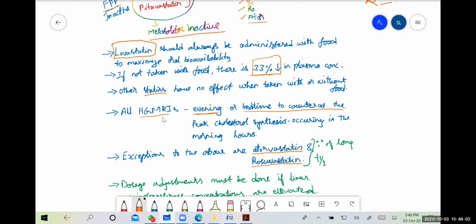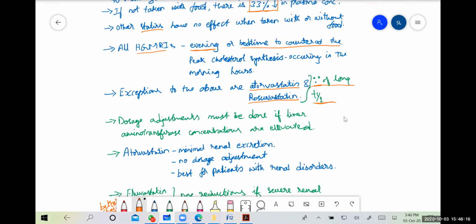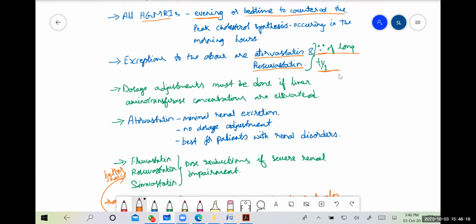They can be taken at any time. What is the reason they need not be taken in the evening or at bedtime? Because they have longer half-lives, which allows them to be taken either in the morning or in the evening, whichever time is possible. So this is one thing that you will have to remember. Lovastatin must be taken along with the food.